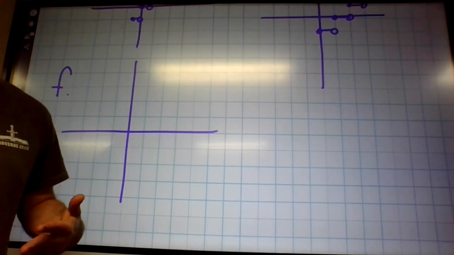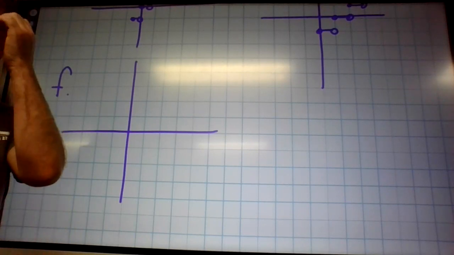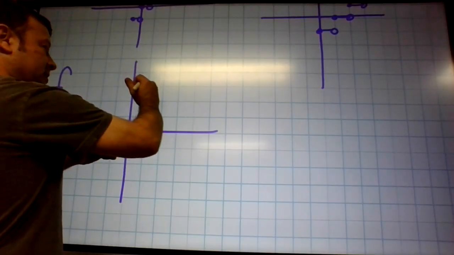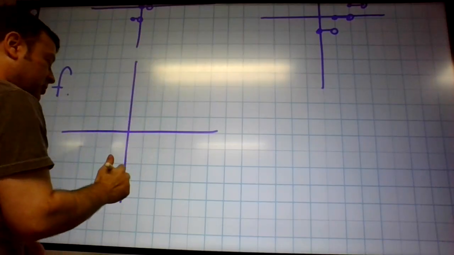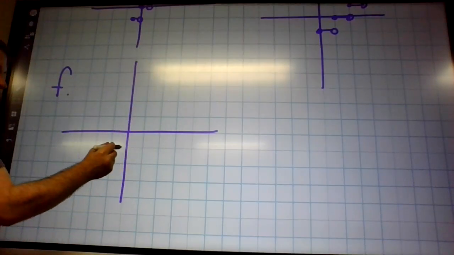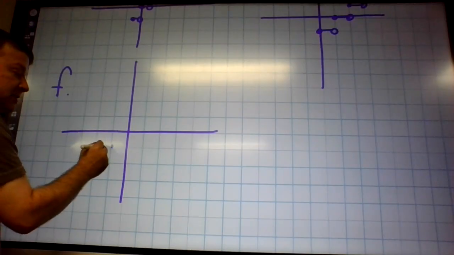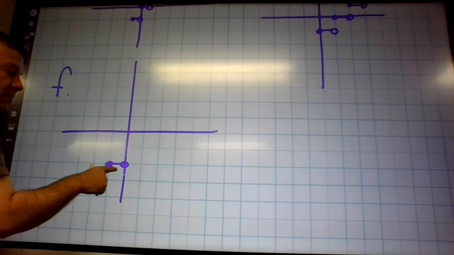Did we do that already on one of these? Kind of like B. But in B, we flipped it upside down though. So times 2 is going to stretch the steps, like make them twice as tall. But then what does the plus 1 do? Everything goes up 1. So the step that was, this is kind of tricky. The step that was at -1, when you times 2, it goes to -2.